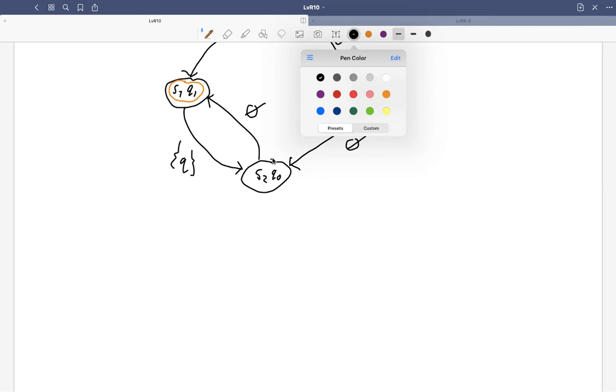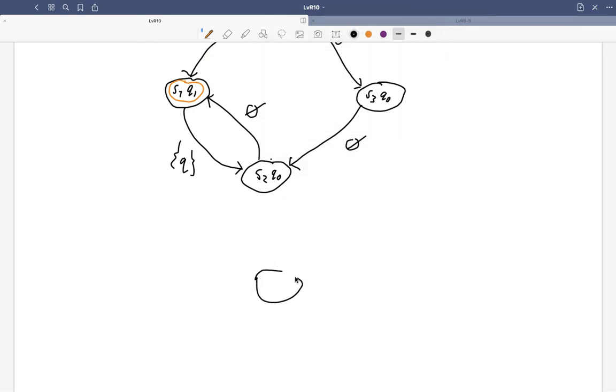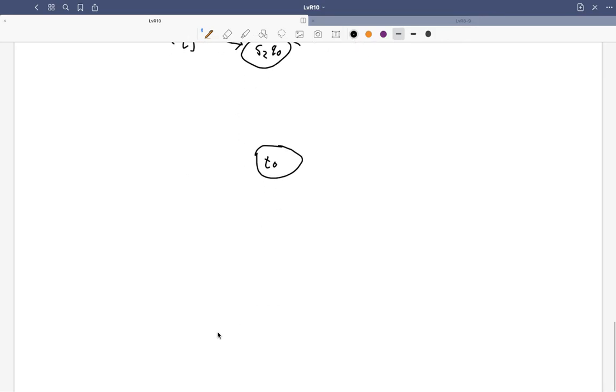For the next one we have T0, T1, T3, and T2.